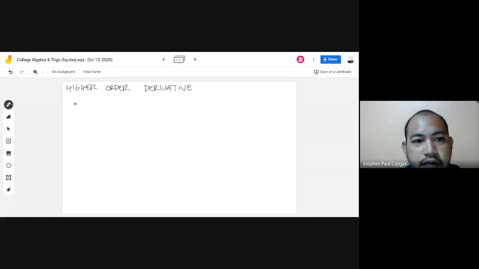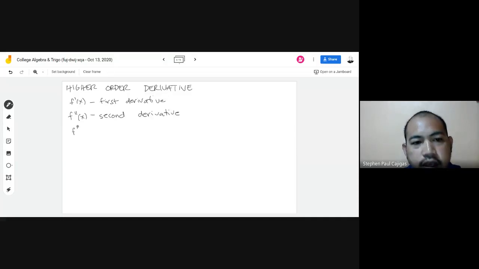So we have f prime of x, we call this the first derivative. Then if we get the derivative again, we write f double prime of x. We call this the second derivative.